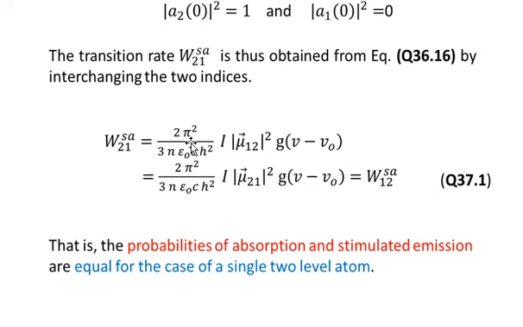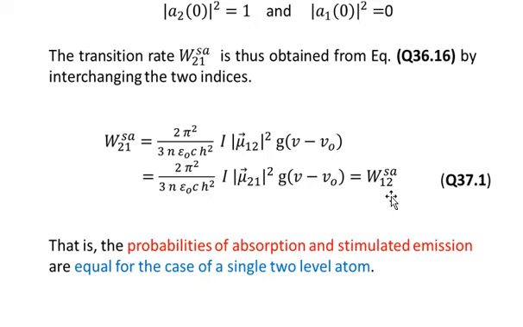W21 is equal to 2 pi square over 3 n epsilon naught c h square into I, where I is the intensity of the illuminating beam, into mod square of mu12 into g of nu minus nu naught. Here we have changed the indices, and that is equal to 2 pi square over 3 n epsilon naught c h square into I into mod square of mu21 into g of nu minus nu naught, which is equal to W12.